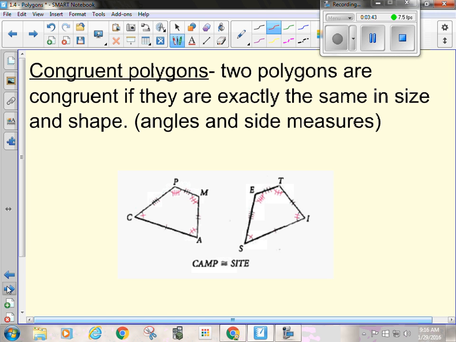And with congruent polygons, the angle or the vertex that matches has to match in the same order when we list them. So CAMP is congruent to SITE, but we wouldn't match C with I because those are not congruent. So you want to make sure that each of the letters is matching up with the letter that has the same measure from the other polygon.